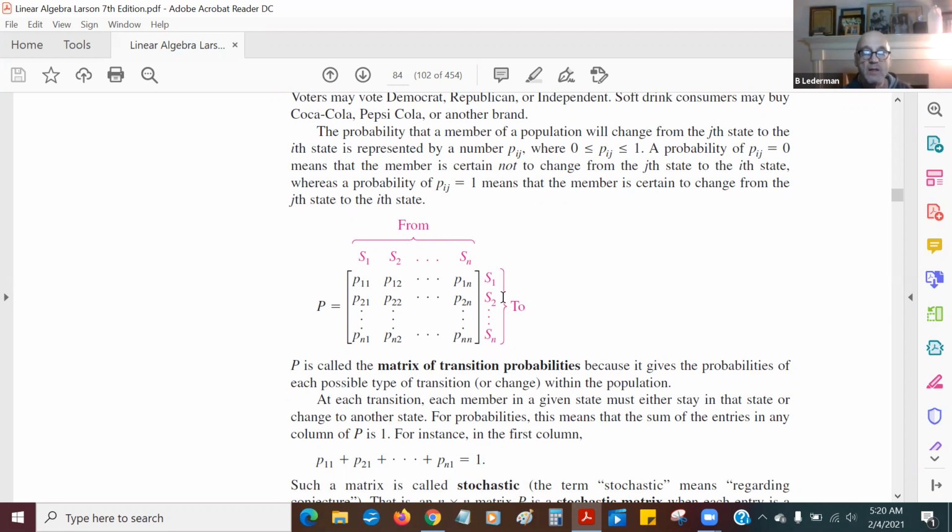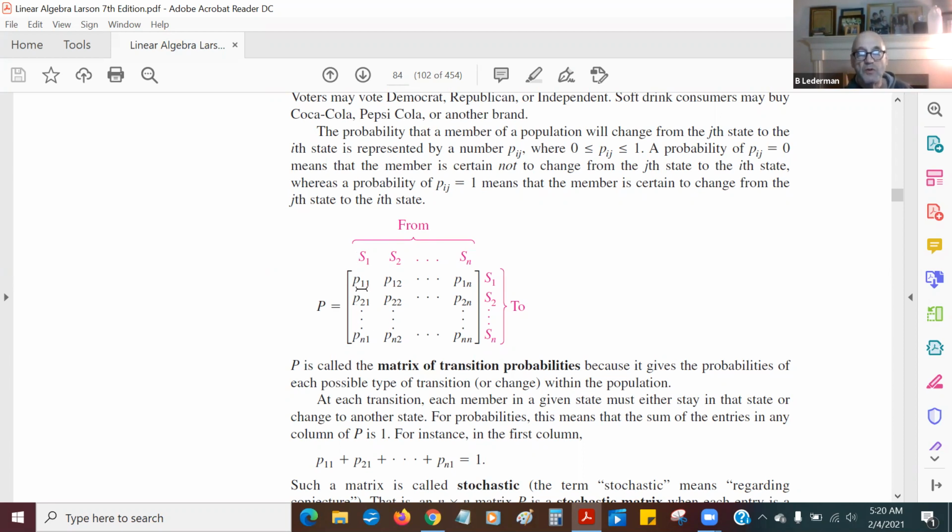Anyway, clearly, if you add up all the numbers in any one column, P11 plus P21 and so on: P11 is the probability that this guy is going to stay in state 1, P21 is the probability he's going to move to state 2, and Pn1 is the probability he's going to move to state n. State n might be not having a dog at all, whatever it is, but we're listing all the possibilities.